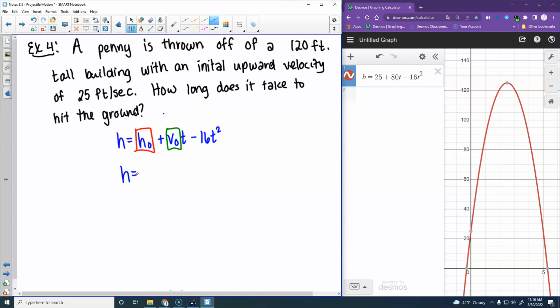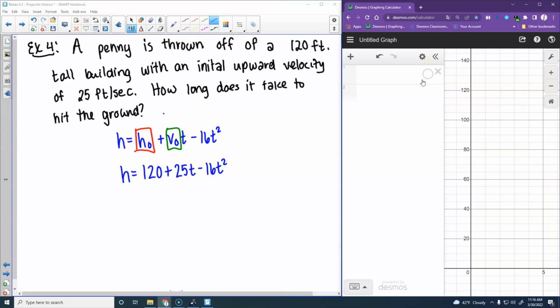Give me the equation first so I know what to plug into Desmos. So what is our initial height? 120. And then what is initial upward velocity? 25. And then we'll have t minus 16 t squared. All right, so this is what we're going to type into Desmos.